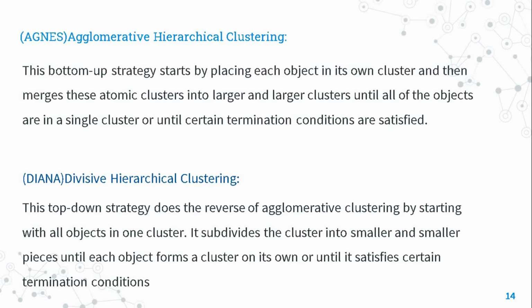So in agglomerative clustering, we begin with each element as a separate cluster and merge them into successively more massive clusters, while in divisive clustering, we begin with the whole set and proceed to divide it into successively smaller clusters.